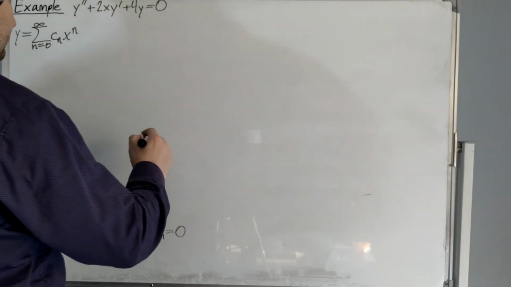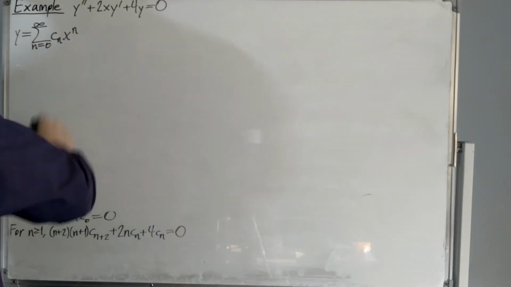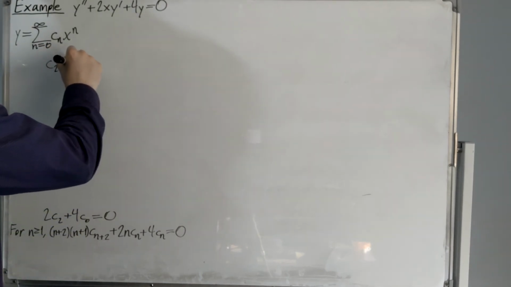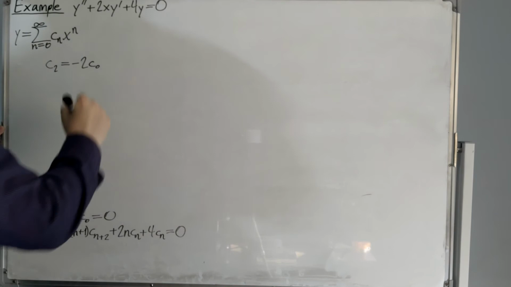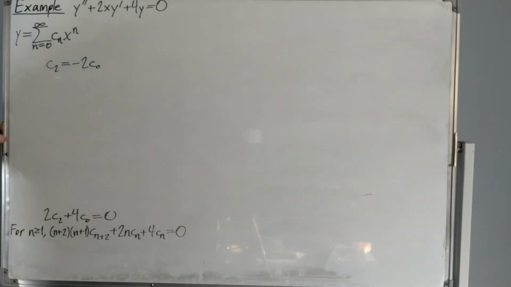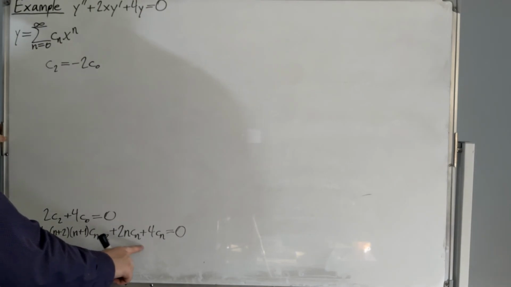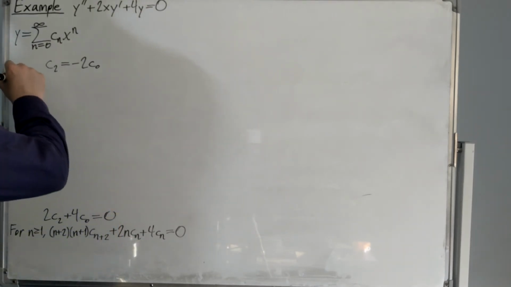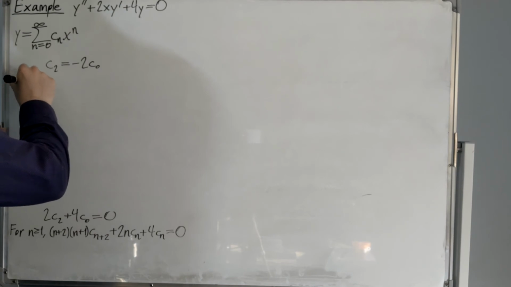So, first of all, we can rewrite the first equation as C2 equals negative 2C0, of course. Besides that, we have some like terms that we can combine in the infinite part.